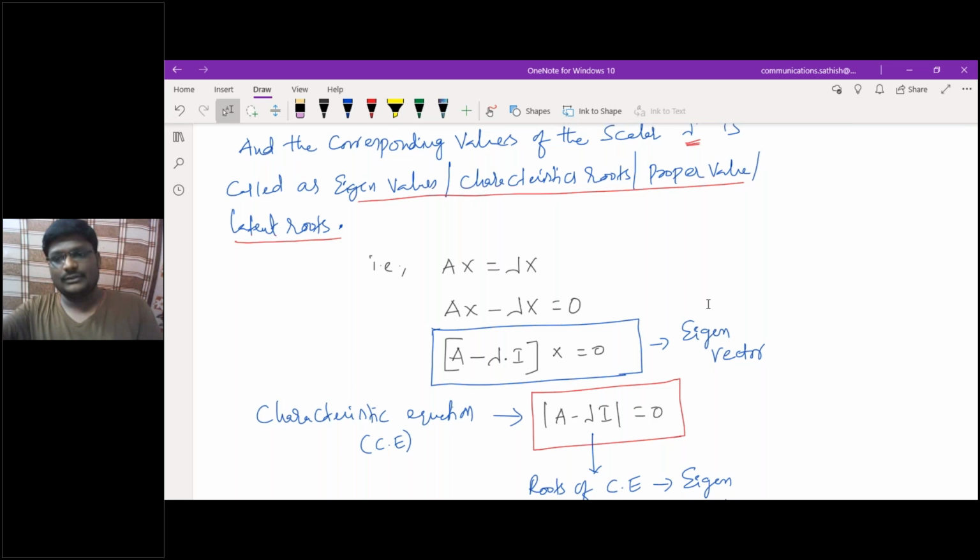First I'll take one example and go with the conventional procedure, then I'll give you the shortcut, so there is no need to go for the conventional procedure. I need to find the eigenvalues and eigenvectors for the corresponding matrix.